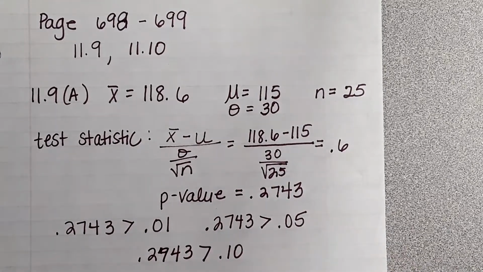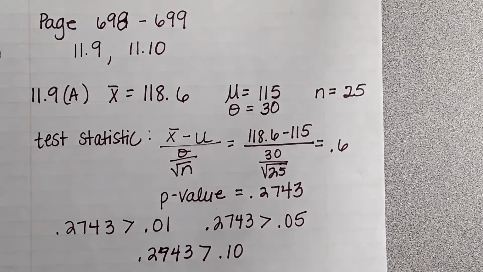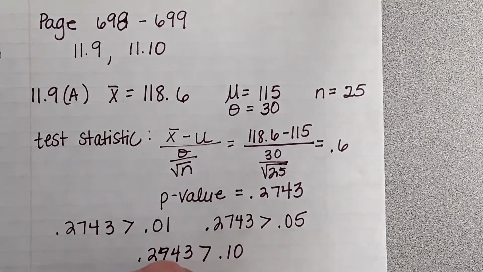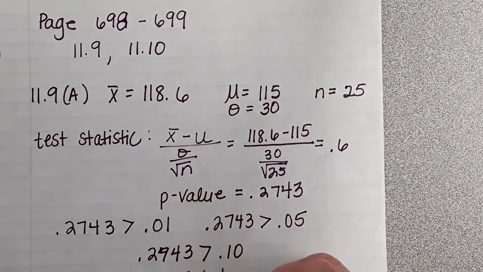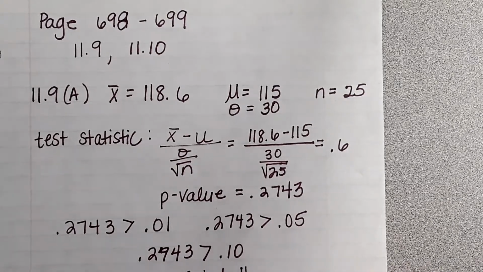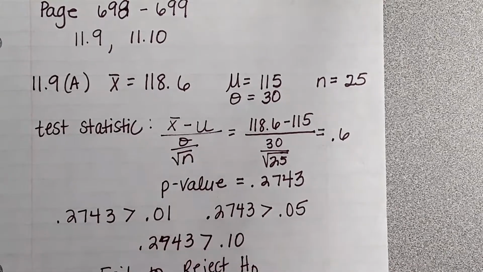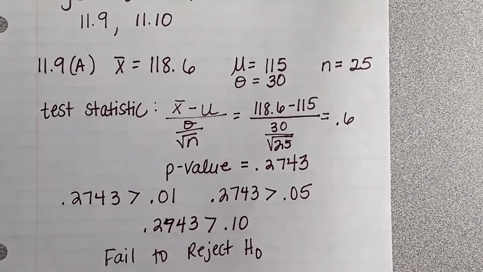So, is it significant at these levels? We would fail to reject. You guys, the only time you reject is when it's smaller. So it is not significant. In order for it to be significant, it has to be less than those significance levels.